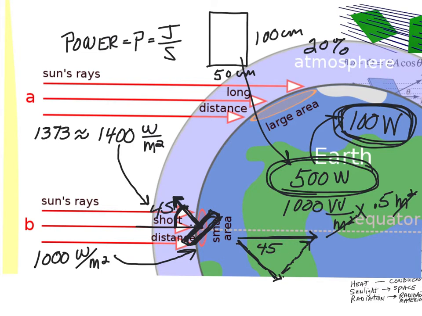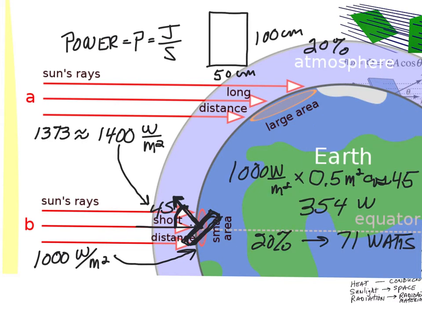So now solve the problem. What you should have gotten is the 1,000 watts per square meter times the 1/2 meter squared gave us the 500, but since we're at an angle we had to multiply by the cosine of 45 degrees. That gives us 354 watts.